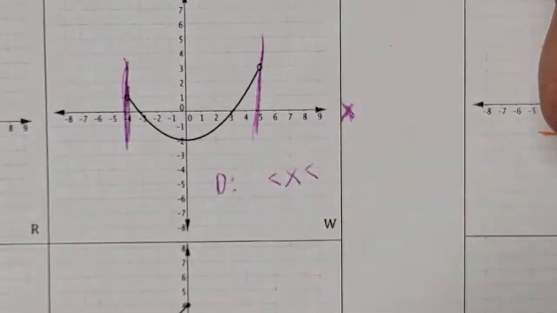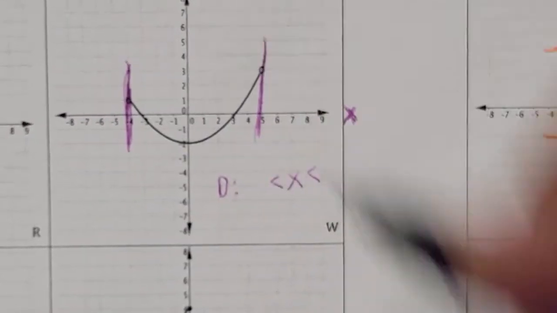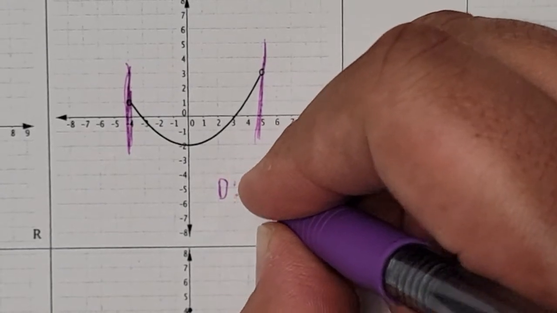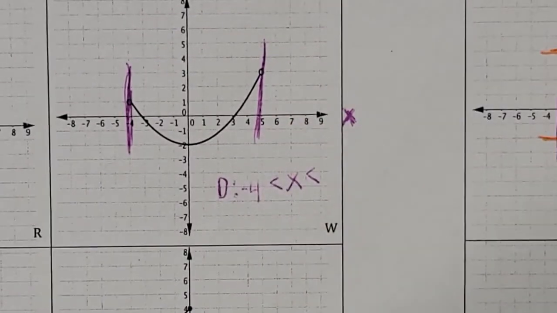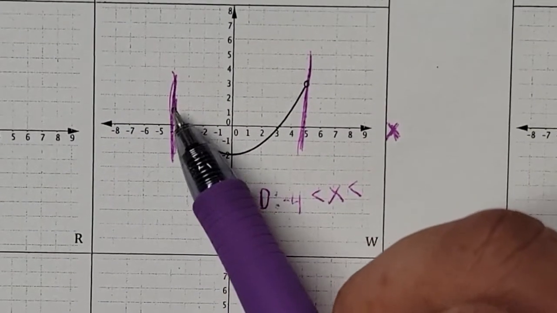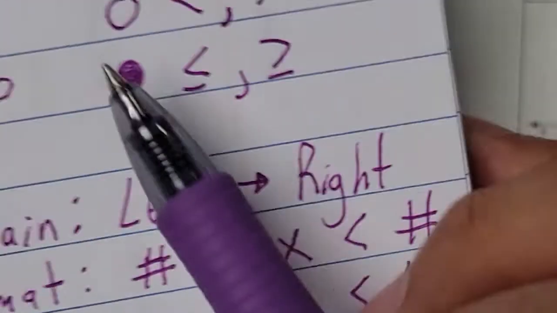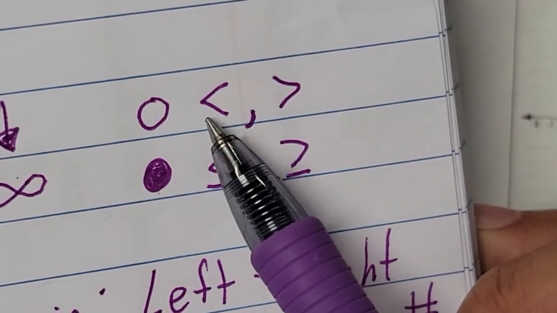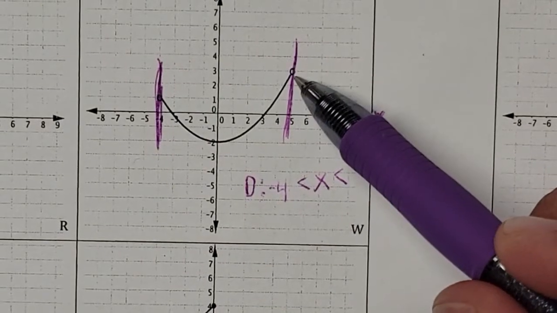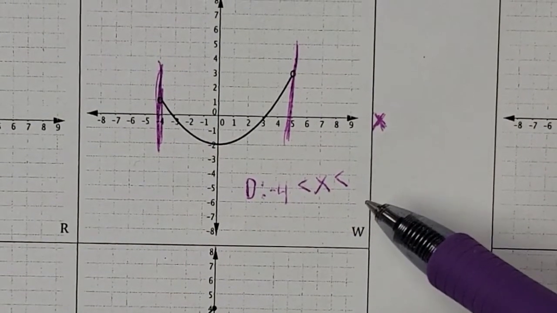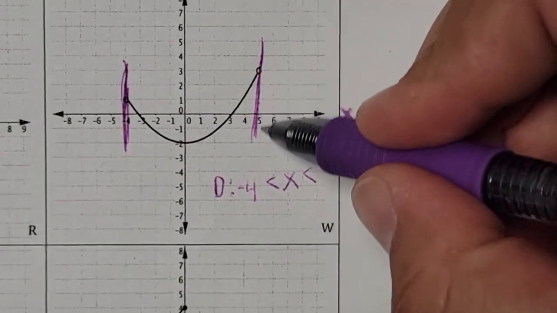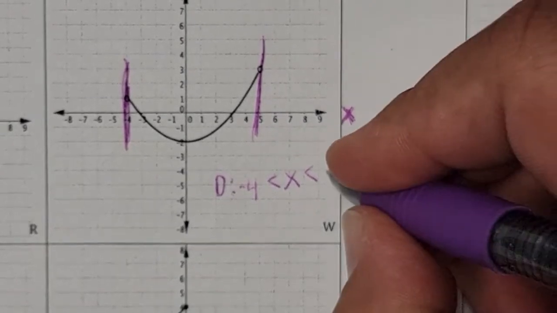Left side, right side. So this number is -4, so let me put -4. Now if you notice this right here, this is a circle. So whenever you have a circle, you do not put a line under it. This is also a circle, so do not put a line under it. And this one is going to be at the number 5.